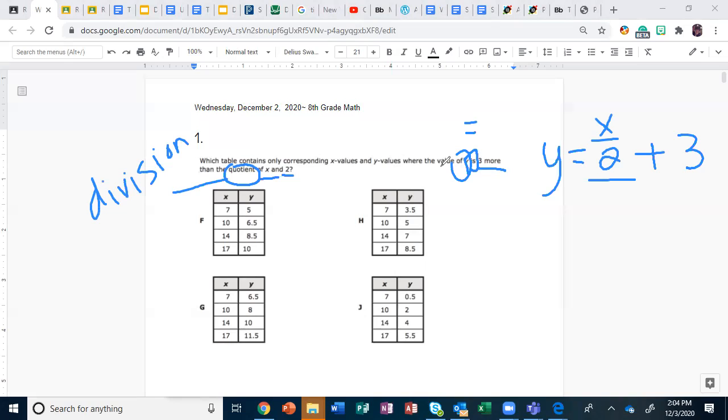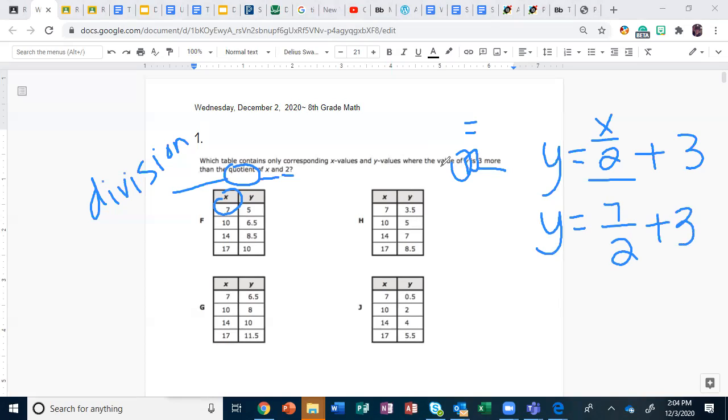Now we have our equation right here. So here's what we can do. We can check on 7. So when x is equal to 7, what is the y value? We're going to say y is equal to 7 over 2 plus 3.